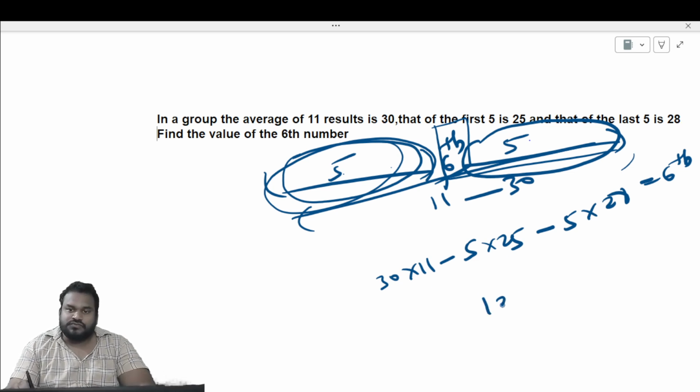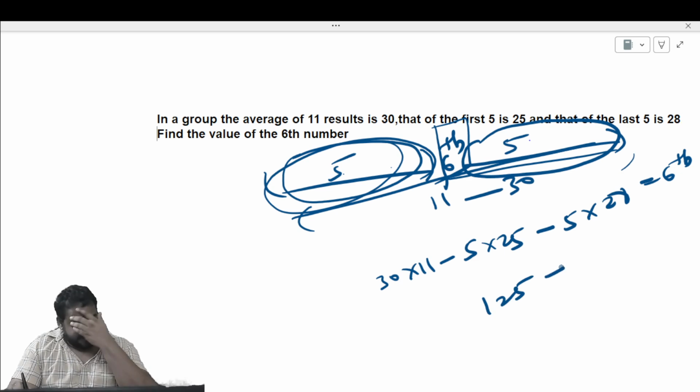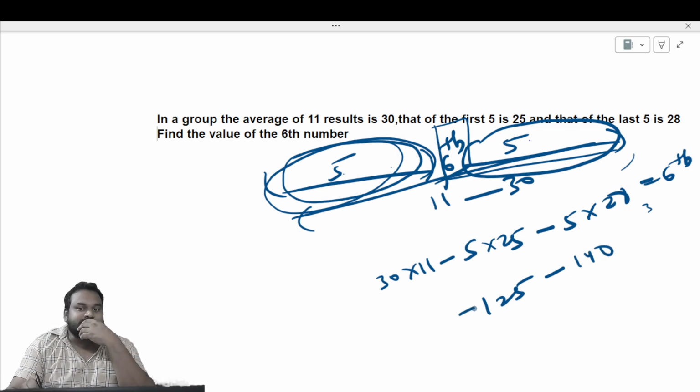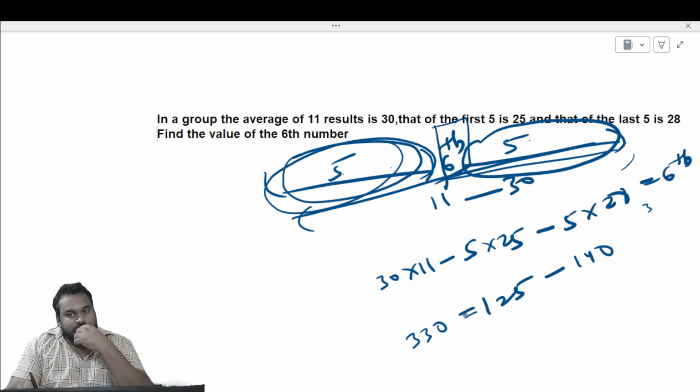So 25 5s are 125. And there are 3 extra, 3 5s are 15. So 140. Okay, that is what you have to do. 30 into 11 is 330. 330 minus 125 minus 140.